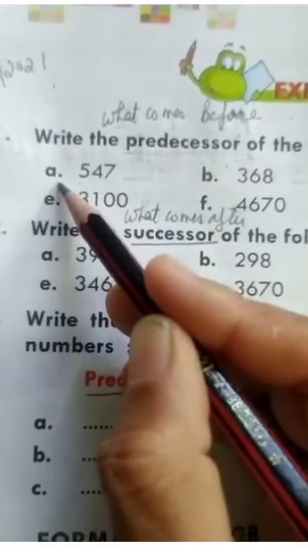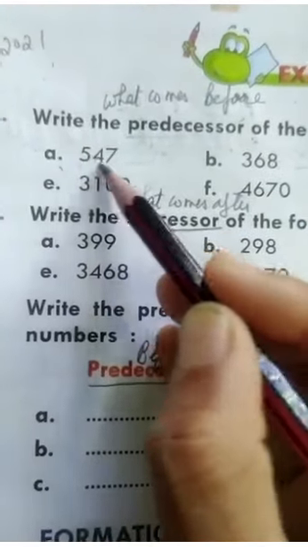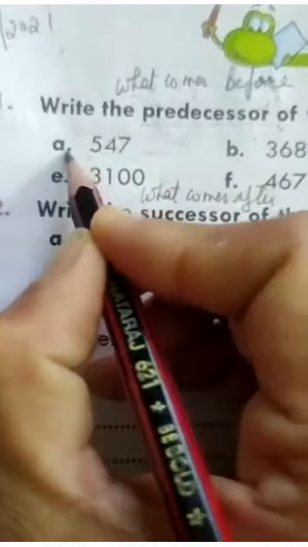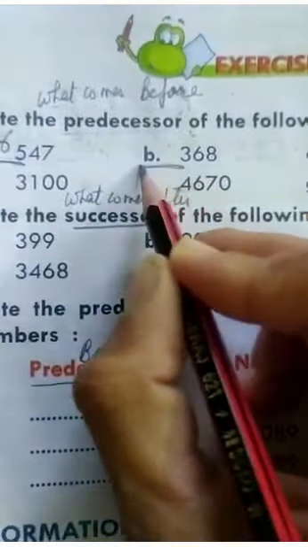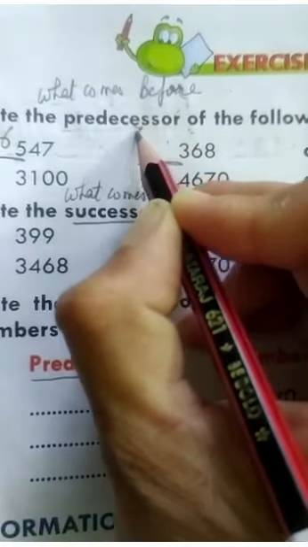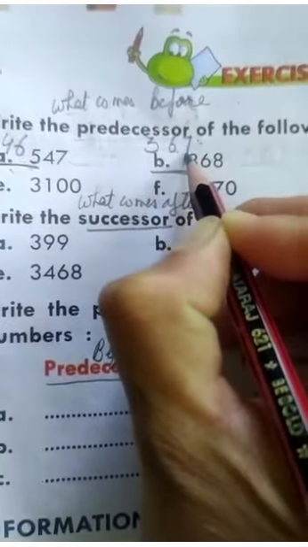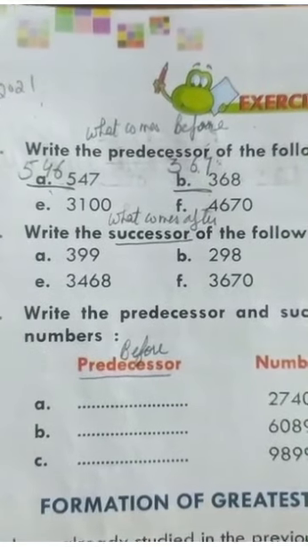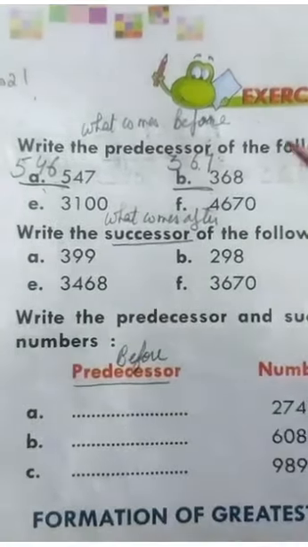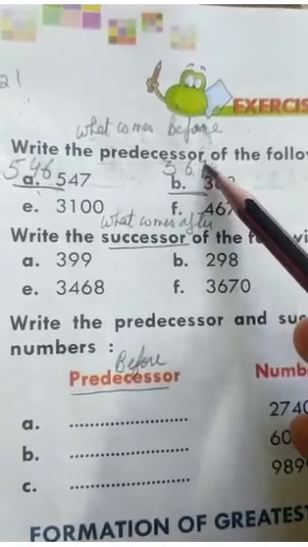As you can see here in A part, 547. So which number will come before 547? 546. Which number will come before 368? 367. So you can say one less than the given number is known as the predecessor.